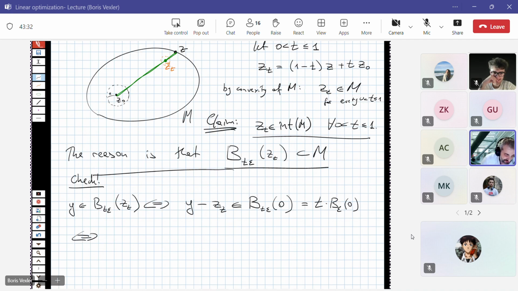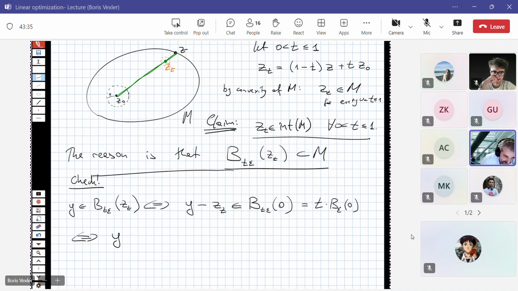And what does it mean? It's also equivalent to say, therefore, that y is in ZT plus T times such a ball of radius epsilon. And what does it mean? Just again writing out what is ZT: this was 1 minus T times Z plus T Z0 plus T times B epsilon of 0.